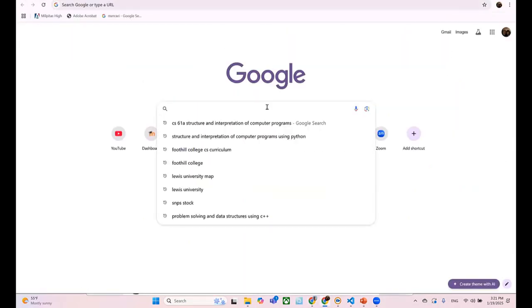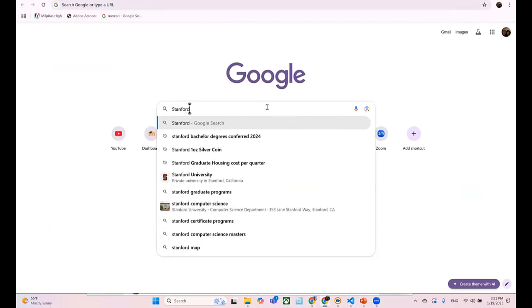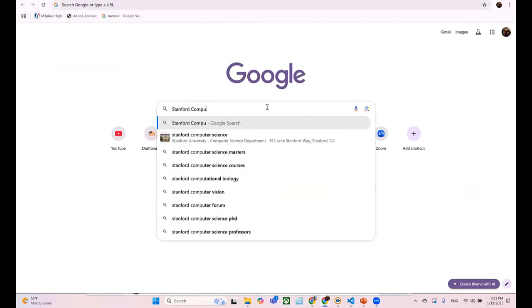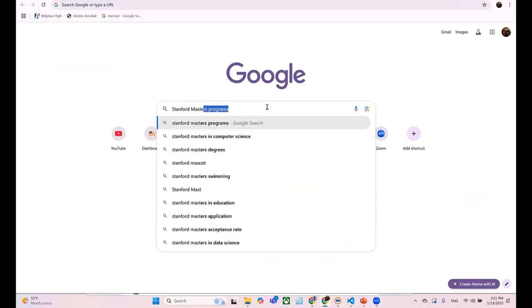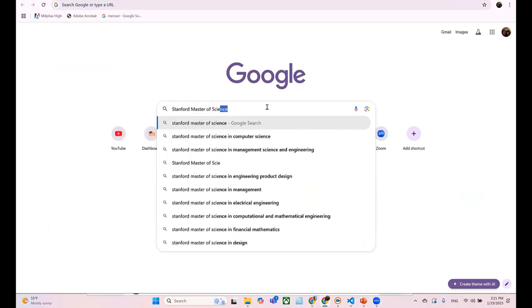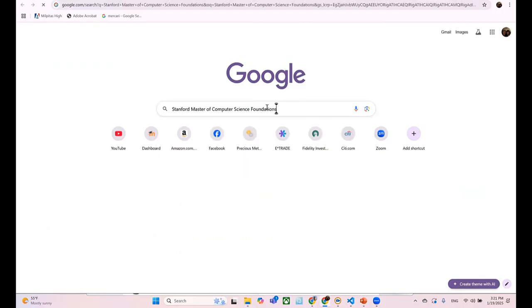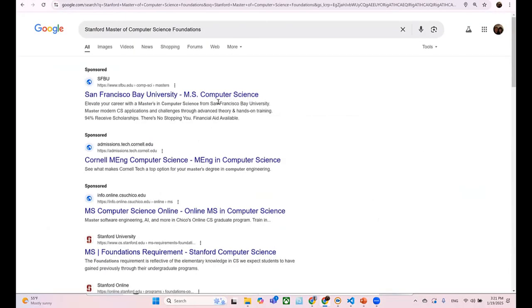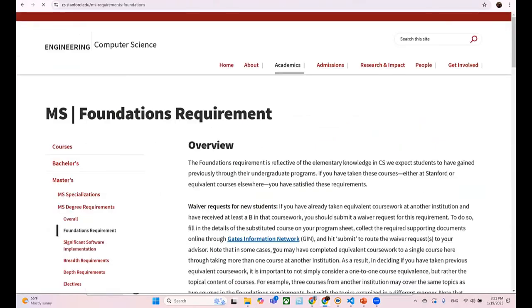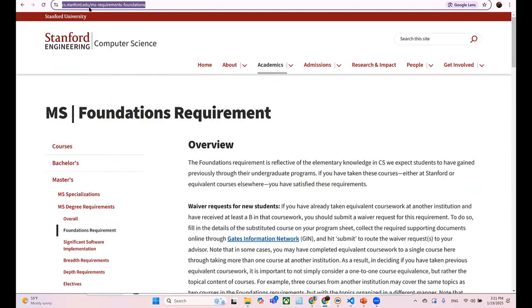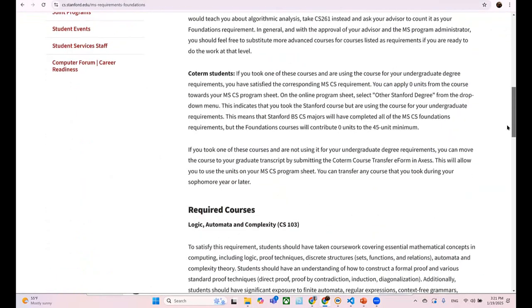You can go to Stanford, let's call it Master of Science, Computer Science Foundations. So the foundation requirement for the master program at Stanford tells you there are frameworks and courses that you need to take.